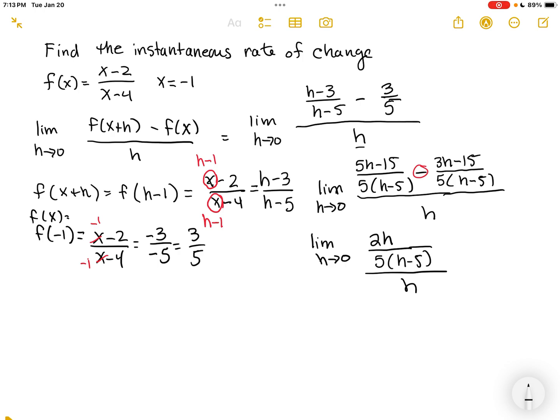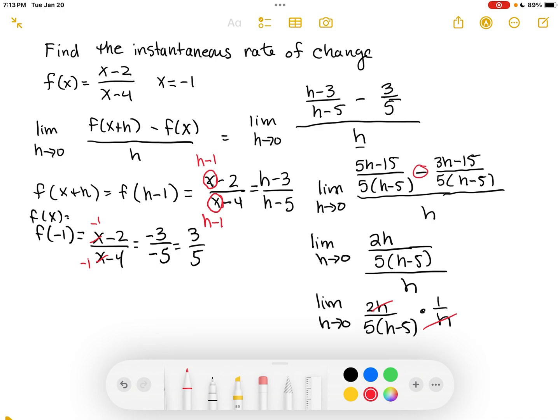Now, instead of having a complex fraction, I'm going to take 1 over h and multiply by the reciprocal, because when you divide fractions, you can multiply by the reciprocal. So that means I have the limit as h goes to 0 of 2h over 5 times h minus 5, times 1 over h.